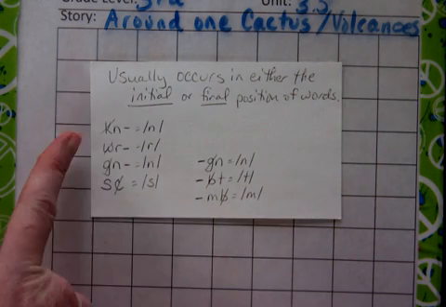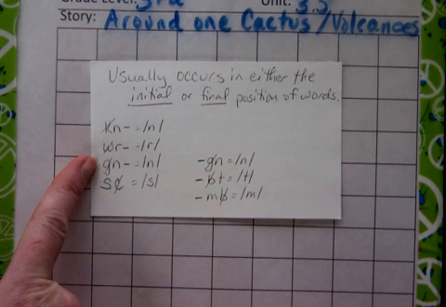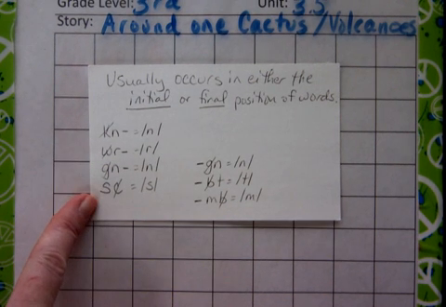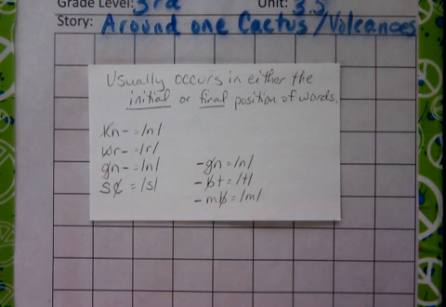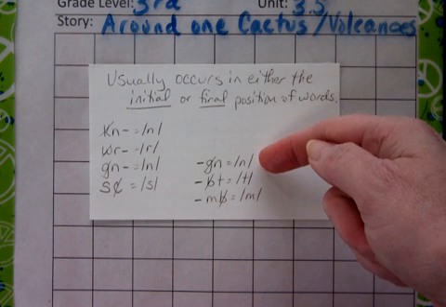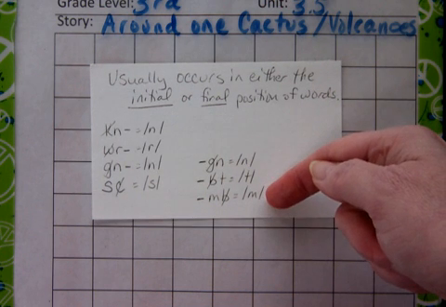So we've got KN says the N, WR says R, GN says N, SC says the S sound. The GN at the end of the word says N, the BT at the end of the word says T, and the MB at the end of the word says M.